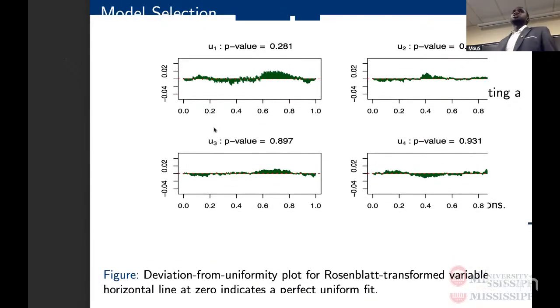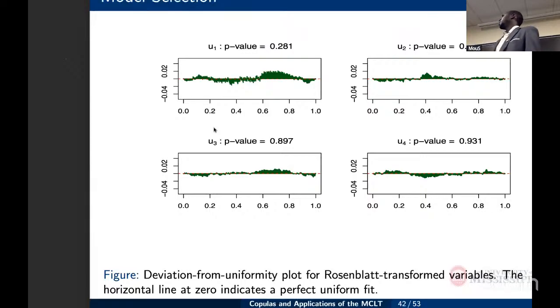So we transform each of the random variables of the copula using the Rosenblatt transform method, which I will not explain here. And we also use the Kolmogorov-Smirnov test, which tests for uniformity. The Rosenblatt transform test assumes that if each of the transformed variables follows a uniform distribution, then it actually fits the data.